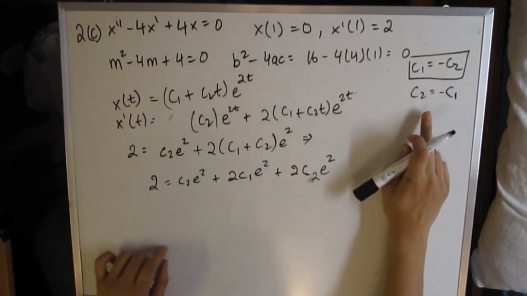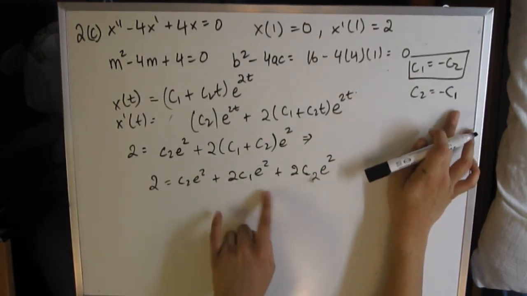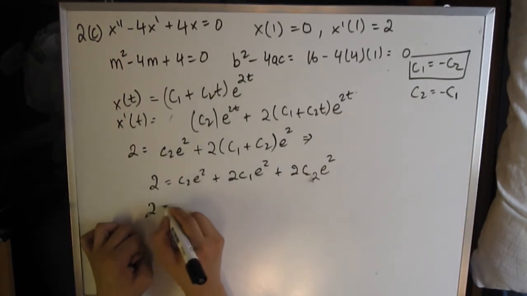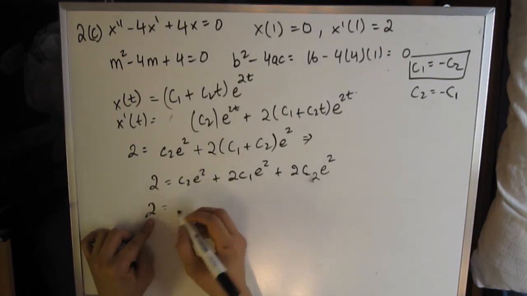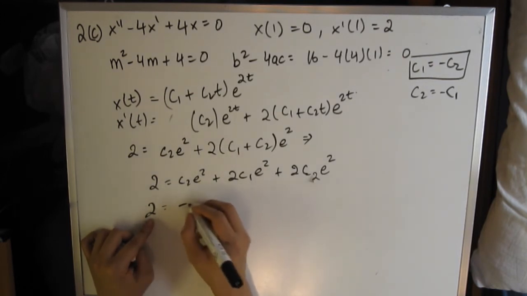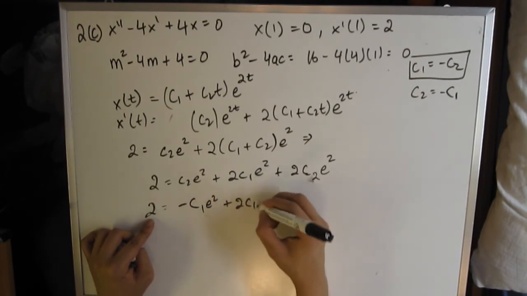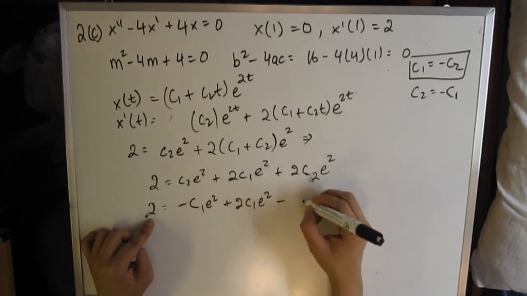Now we can go ahead and substitute for c2 in here, and we'll get a negative c1 for all of these instances.